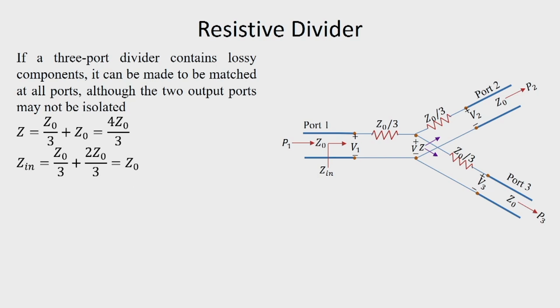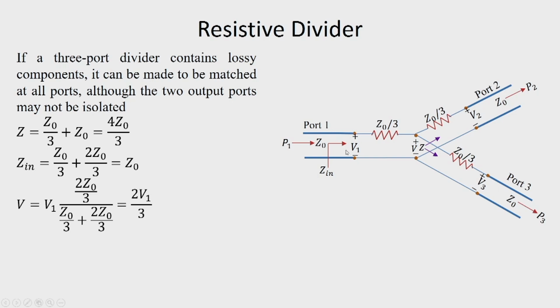Let us now see how the power gets divided. Let V be the voltage at this junction, and V1 represents the voltage at the input port 1.